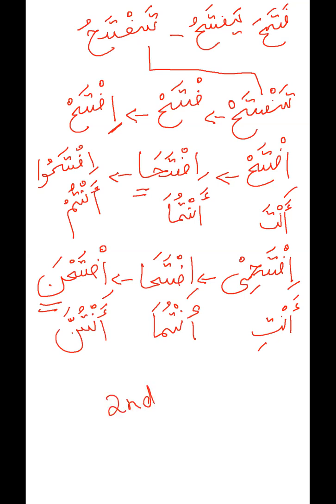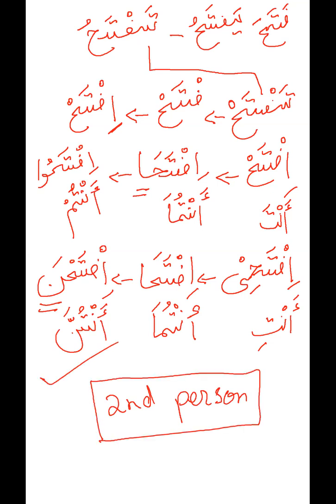Anta, antuma, antum, anti, antuma, antunna. So once you are done with this, commanding is done, because we said that it will only be happening with the anta versions. Okay. Now we will do it with daraba.